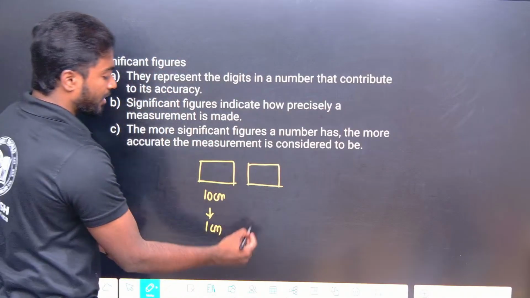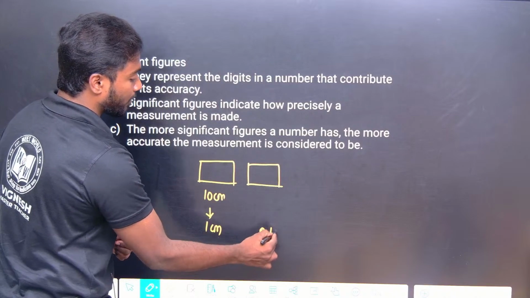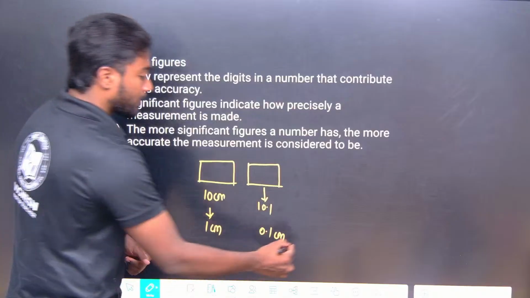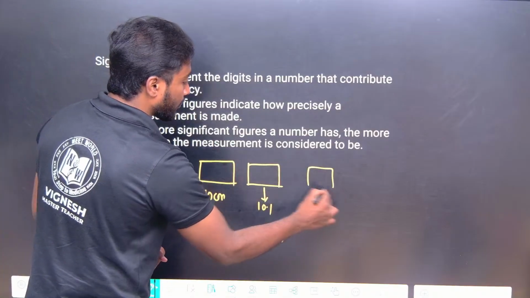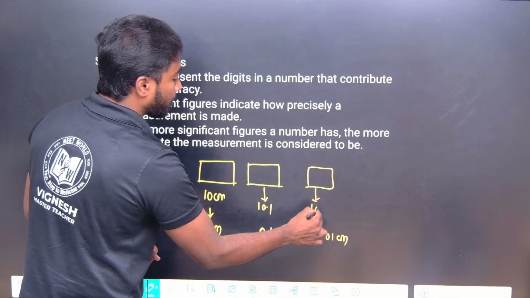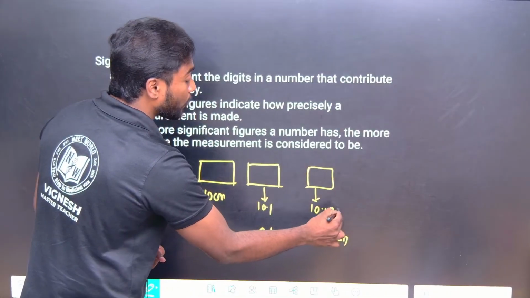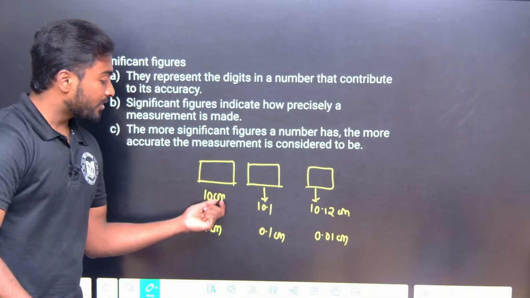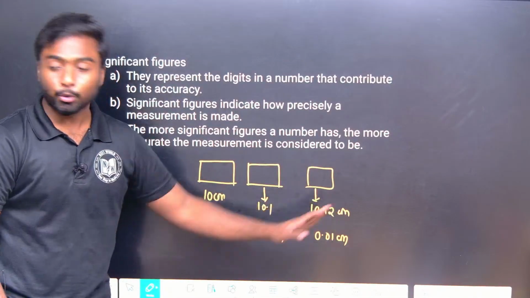The second scale I am using, the least count is 0.1 centimeter, so I am getting 10.1. The third scale I am having 0.01 centimeter, so I am getting 10.12 centimeter. So I got 10 centimeter, 10.1 centimeter, 10.12 centimeter.